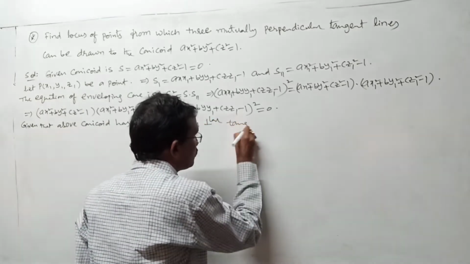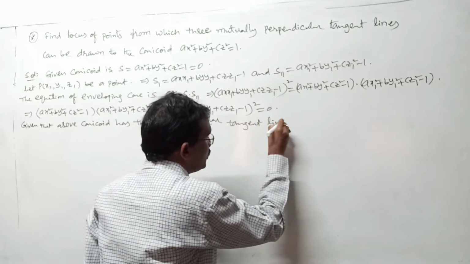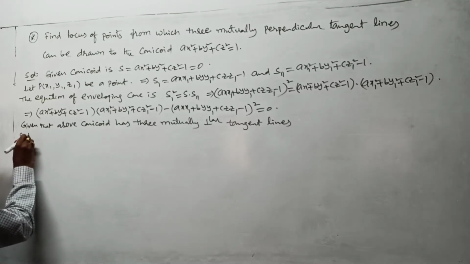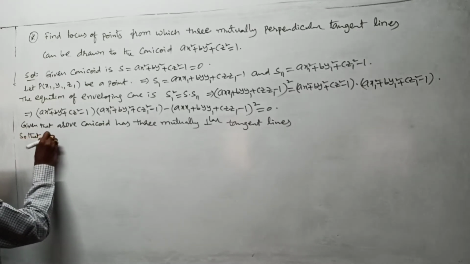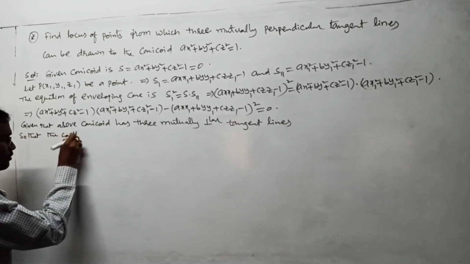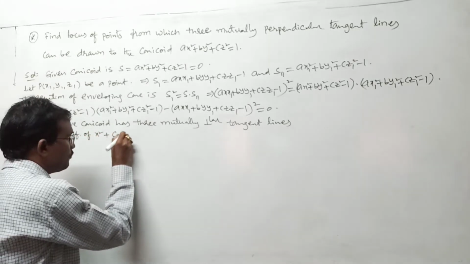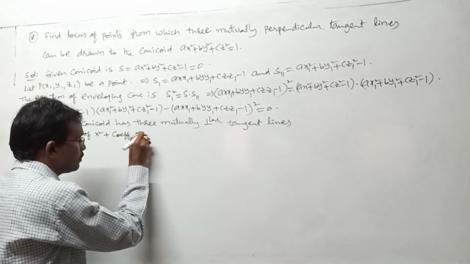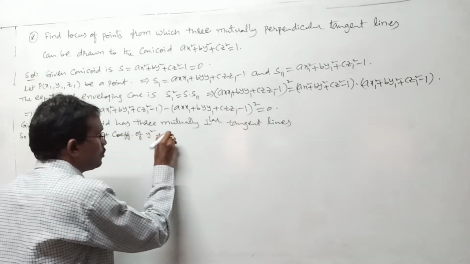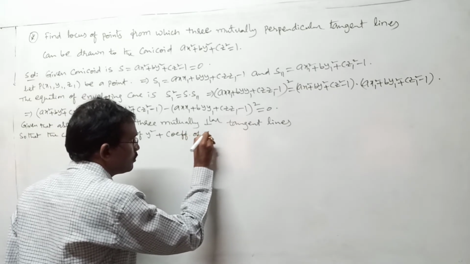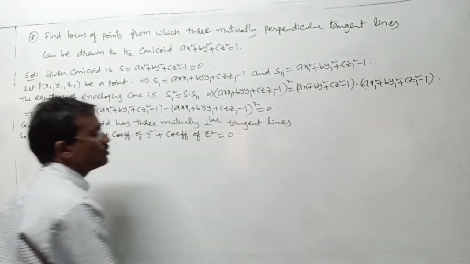Three mutually perpendicular tangent lines, so that the coefficient of x square plus coefficient of y square plus coefficient of z square is equal to 0, right?